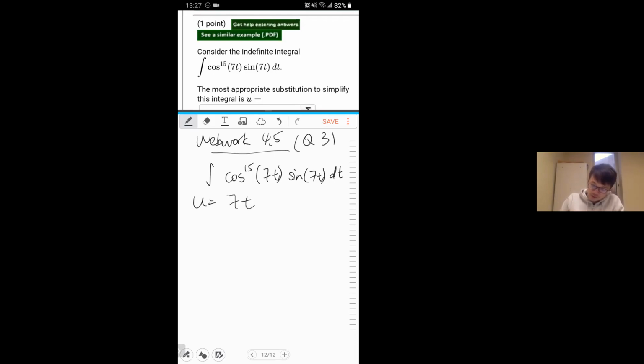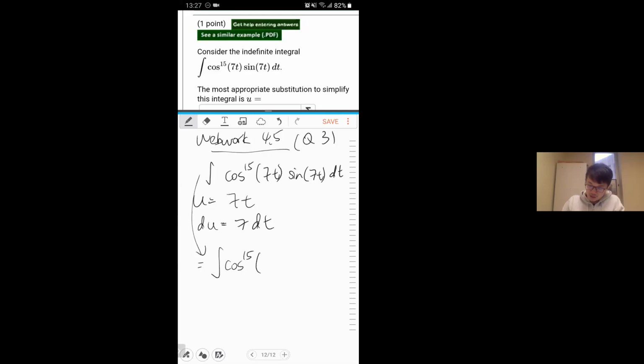So u equals 7t, du/dt equals 7, so du equals 7 times dt. And so your integral becomes cosine of u, sine of u, and then dt is du divided by 7.